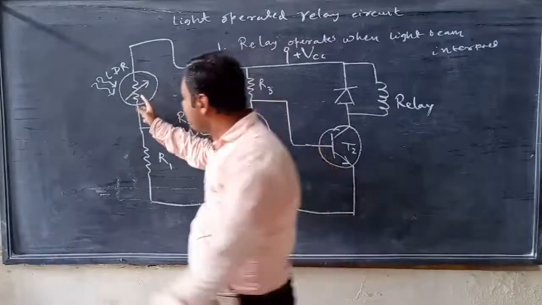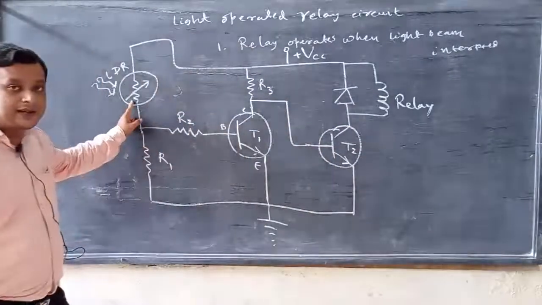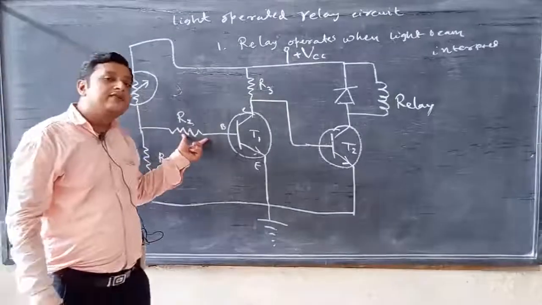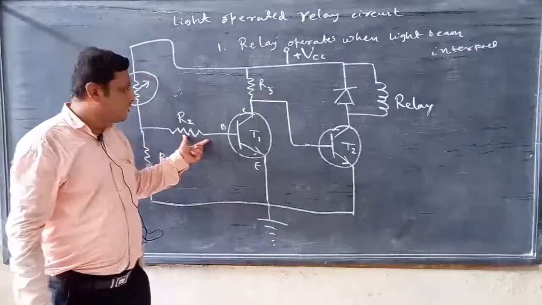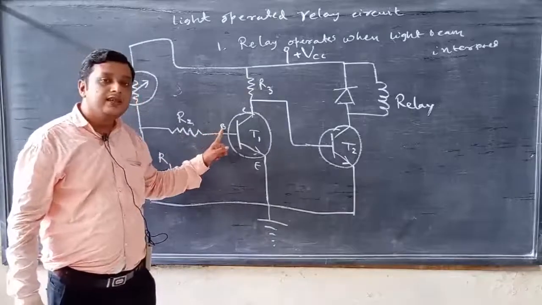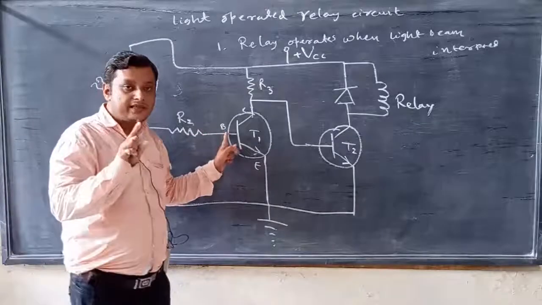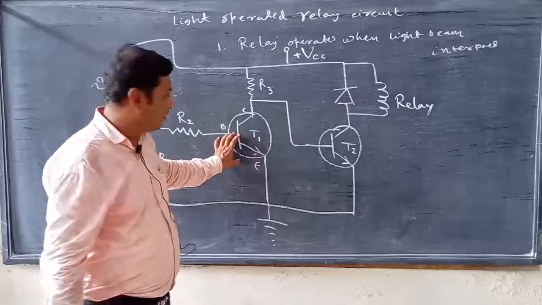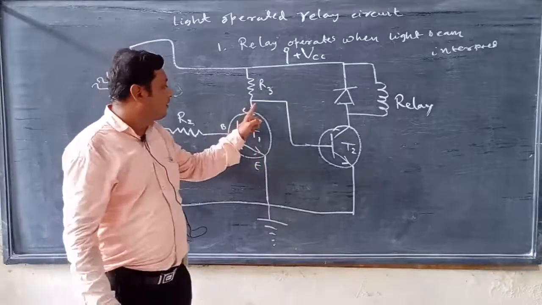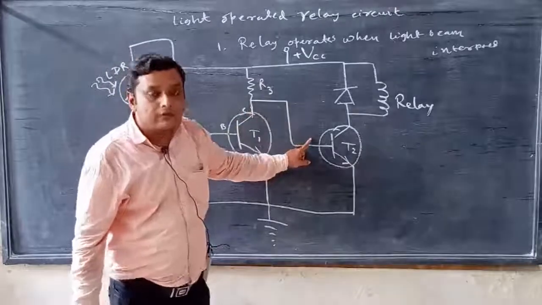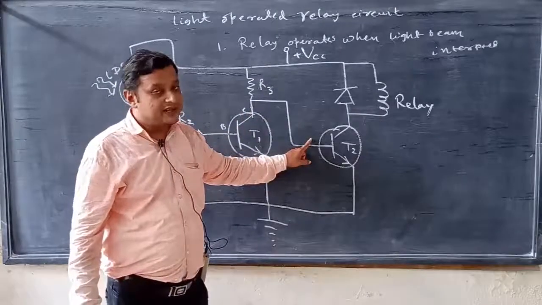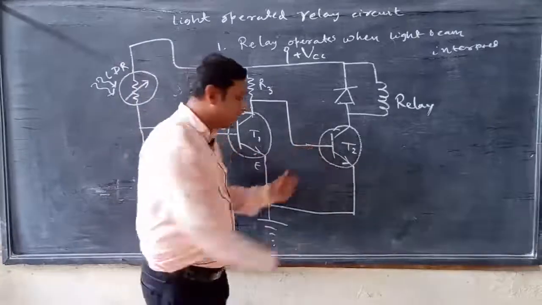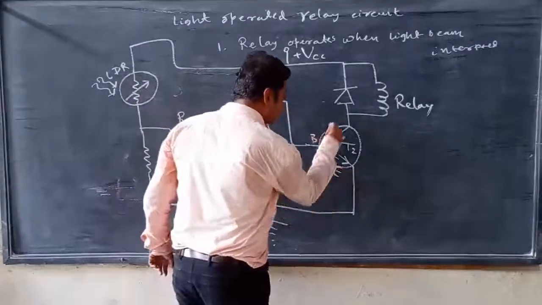So this is an LDR, light dependent resistor, with resistor R1. Resistor R2 is connected with the base of the first transistor, which is represented by transistor T1. Further, transistor T2, which is of the NPN type, has emitter, base and collector.